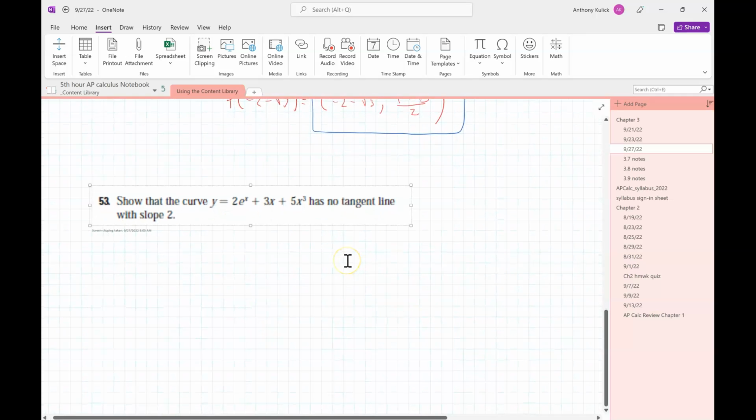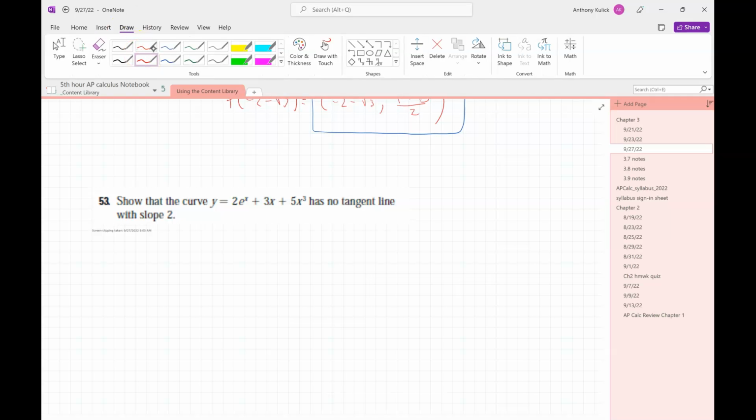Show that the curve yada yada yada has no tangent line with slope 2. So what we want to do, this is basically asking us to show that if I set the derivative equal to 2, that's going to have no solution. Okay?